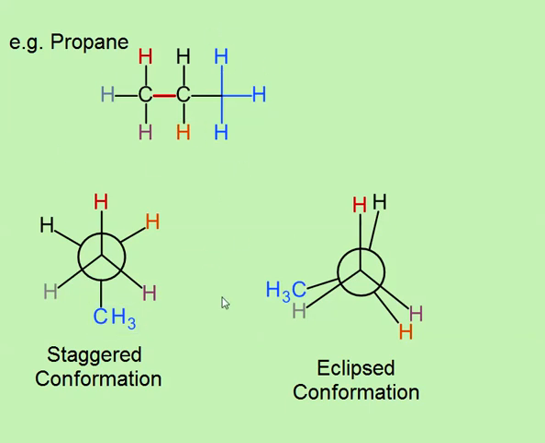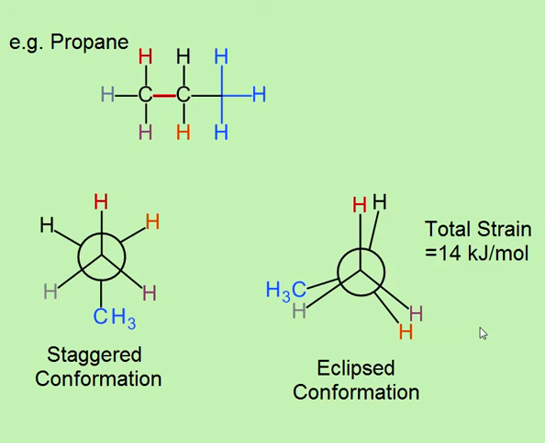So no strain energy associated with the staggered conformation again. But when we look at this eclipsed conformation, by rotating this carbon-to-carbon bond a little bit, and we put these groups on top of each other, we now see 14 kilojoules per mole of strain energy.